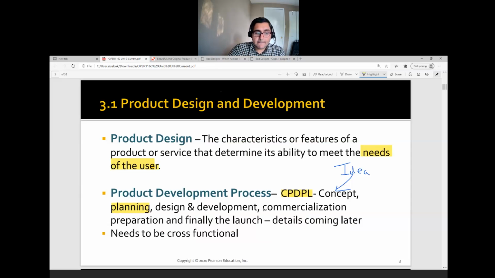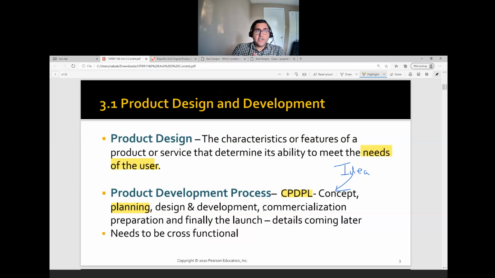So you need to do the necessary marketing, sales, and different things, advertisements, which is referred to as the commercial preparation. So it's the stage before you really launch the product. You try to educate your customers that there is a product available with you which will solve some of the issues which the customers are facing. So that's the commercial preparation phase, and finally you launch the product. So this is the key concept, the 5-step process which will involve in any new product development.